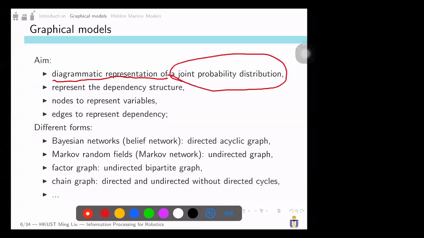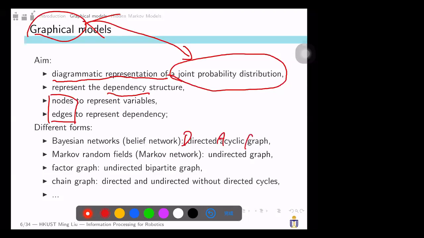Okay, so that means the graph, sometimes, or in most cases, is to describe this joint probability distribution. And we want to represent the dependency structure, with the nodes and edges representing variables and dependency. We have different forms. You have a DAG, a directed acyclic graph.